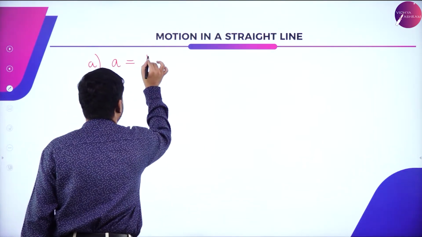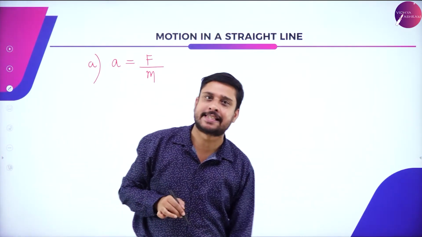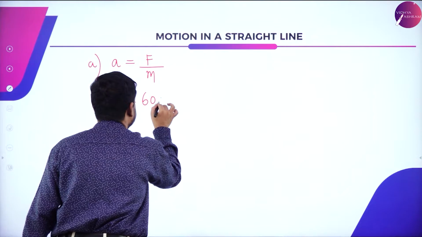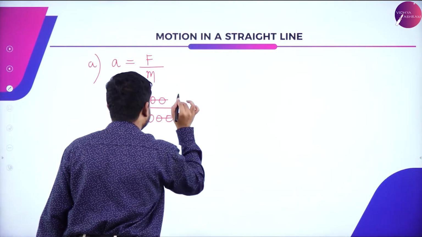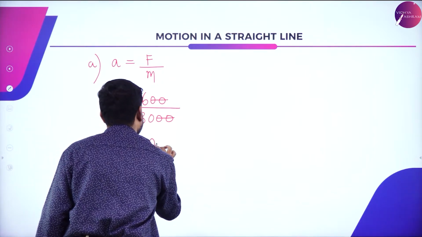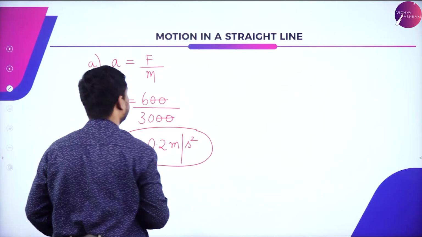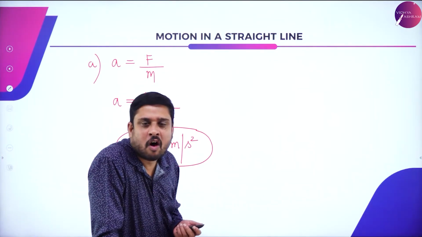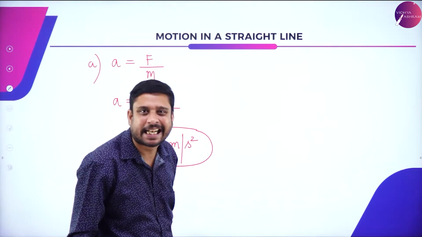So we know A is F by M. This is the basic consequence of second law. Or A is 600 by 3000. This is 1 by 5, or acceleration is 0.2 meter per second square. So I have calculated the acceleration or the rate at which the velocity of the truck increases.